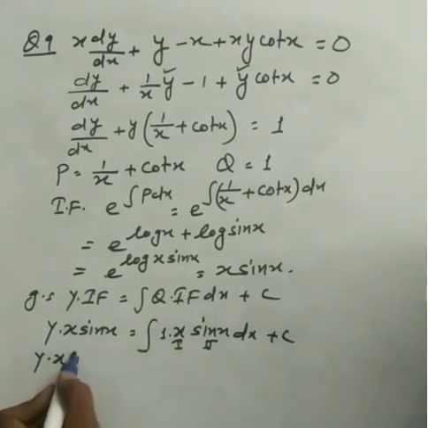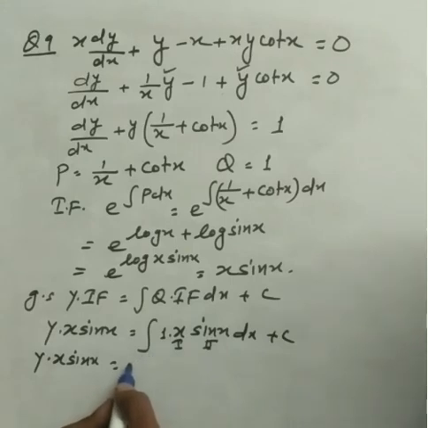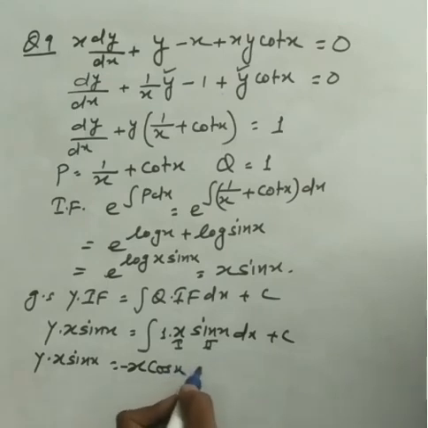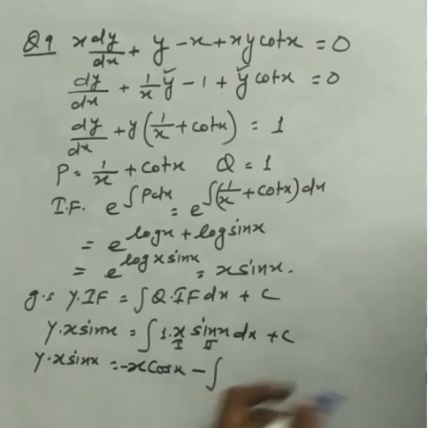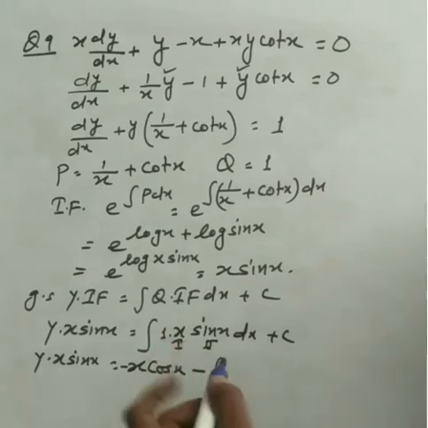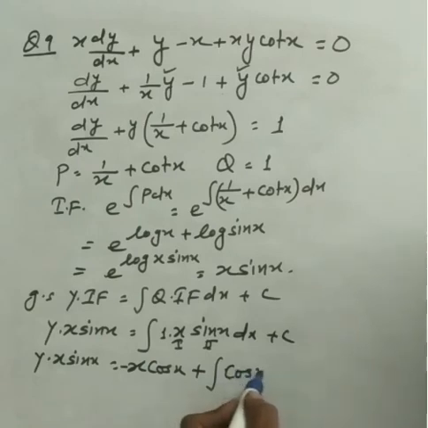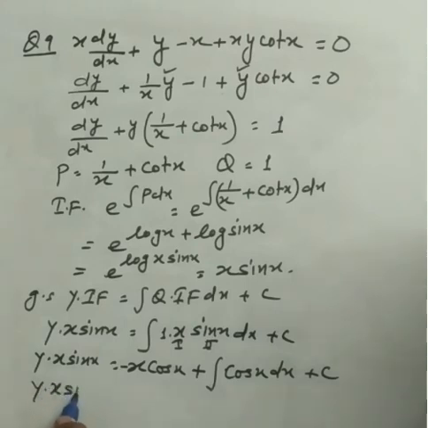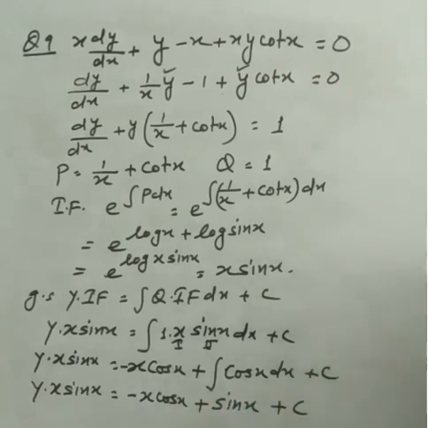Y x sin x equal to, first integration of sin is minus cos x, minus integration of differentiation of x is 1, integration of sin is minus cos x, dx plus c. Y x sin x equal to minus x cos x, integration of cos is sin of x, plus c. This is the answer.